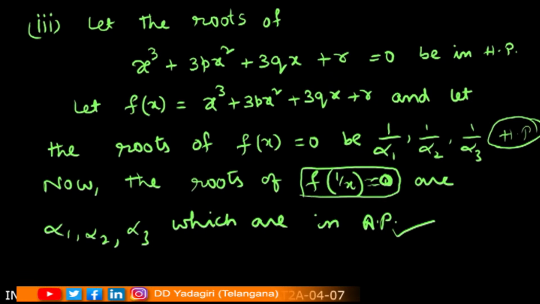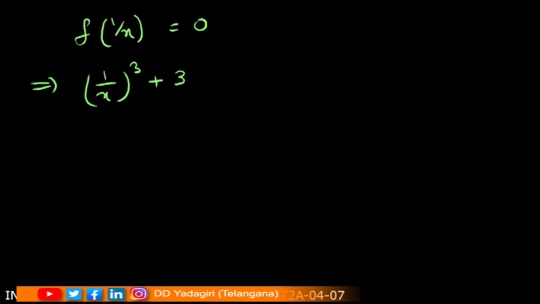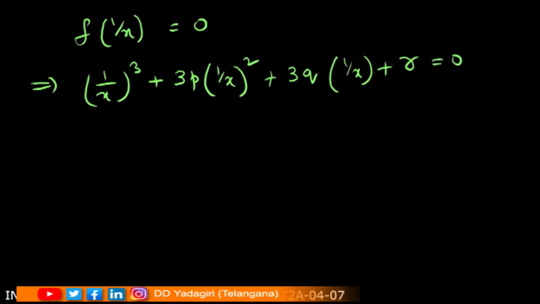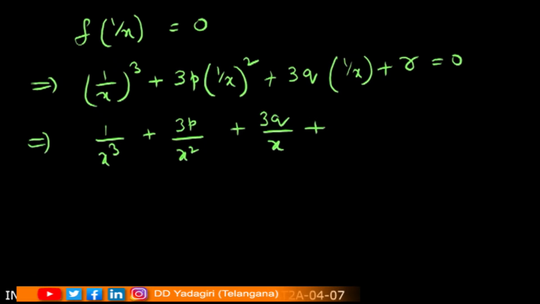What are the roots of f of 1 by x is equal to 0? They are alpha 1, alpha 2, alpha 3. Now what is f of 1 by x? f of 1 by x is equal to 0 implies (1 by x) whole cube plus 3p (1 by x) square plus 3q (1 by x) plus r is equal to 0. This implies 1 by x cube plus 3p by x square plus 3q by x plus r is equal to 0.